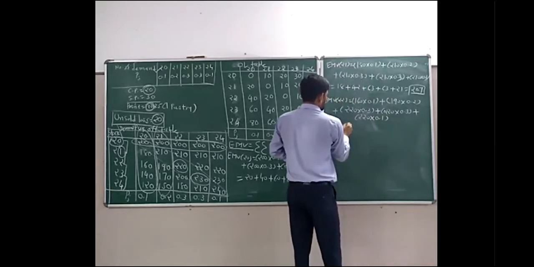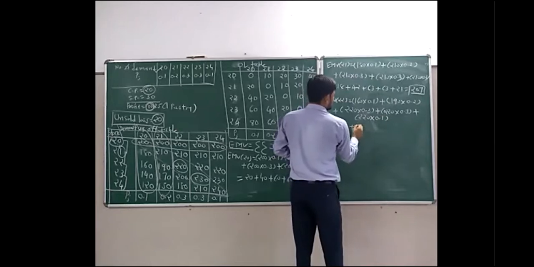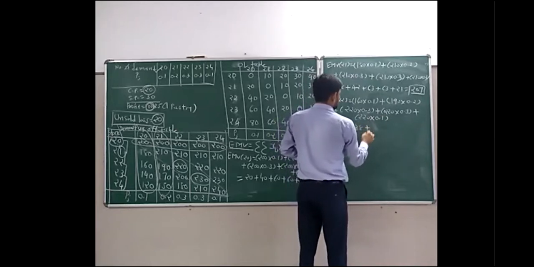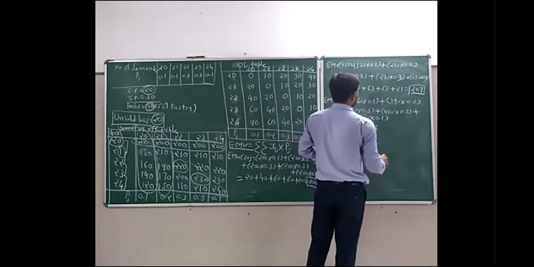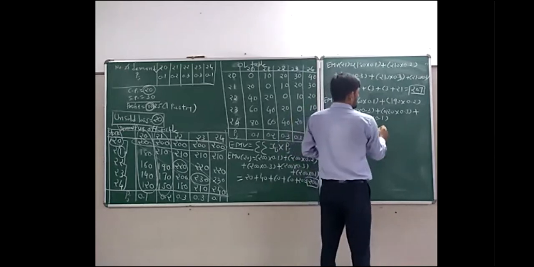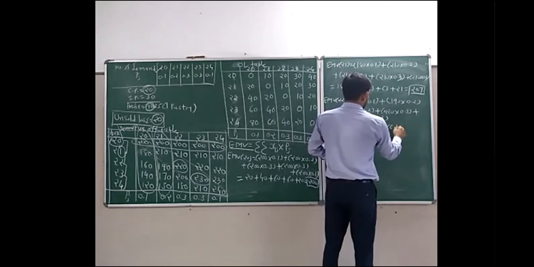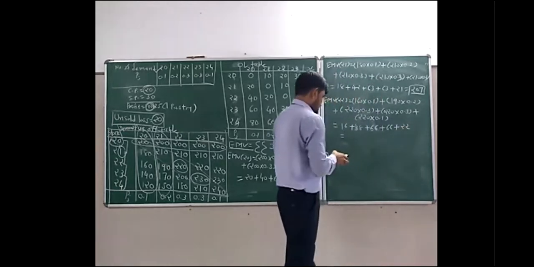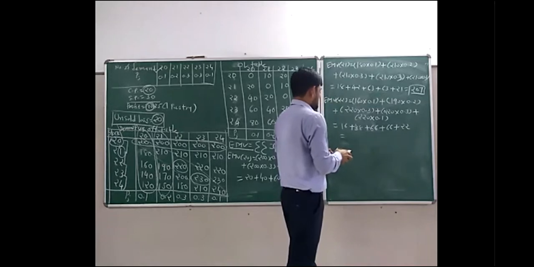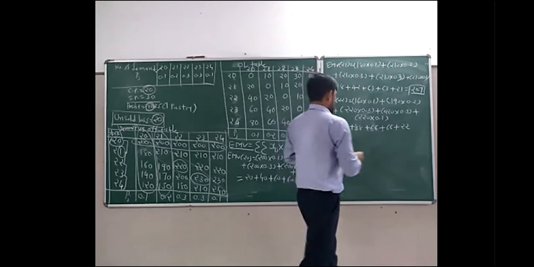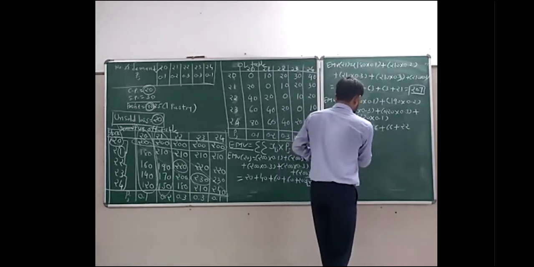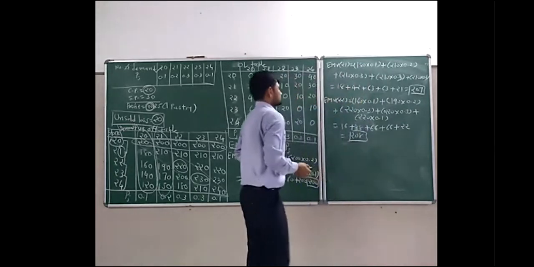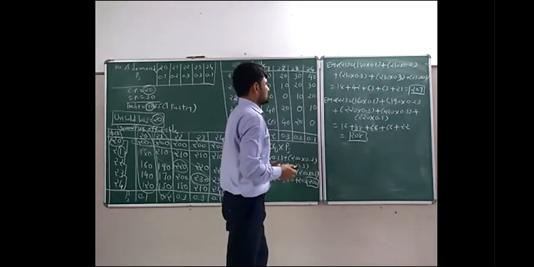So here the answer is 16 plus 38 plus 66 plus 66 plus 22. So it is 208.